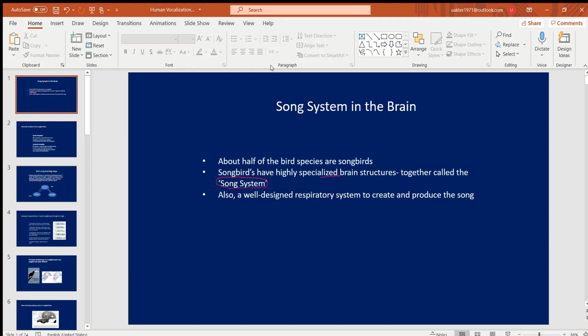And also the respiratory tract is well designed to produce varieties of songs, and each species produces a particular type of song, but the song is highly complex. Okay, there are motifs, then within each motif you will find the syllables, and within each syllable you will find the notes. So notes are the smallest units of song.